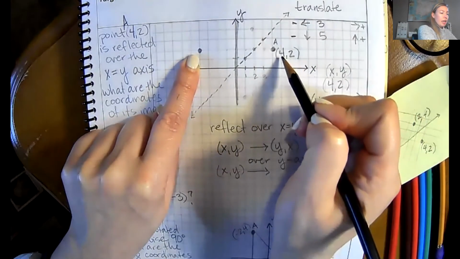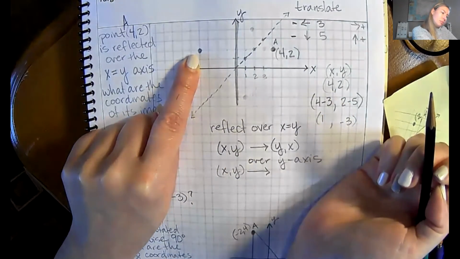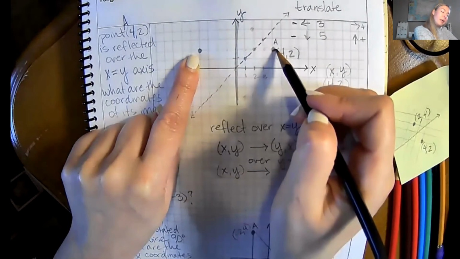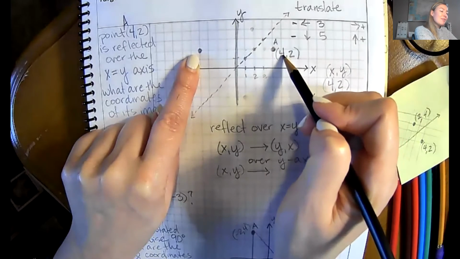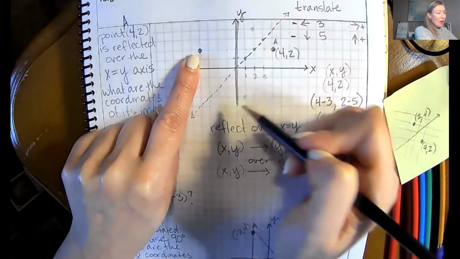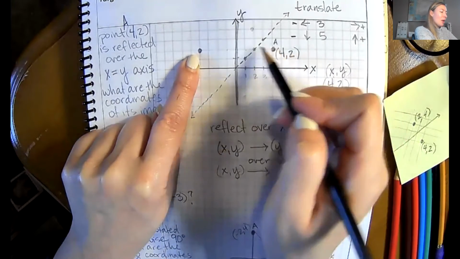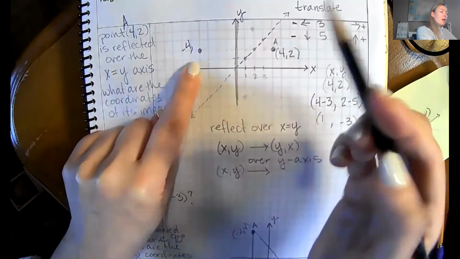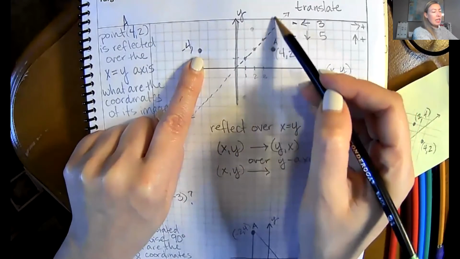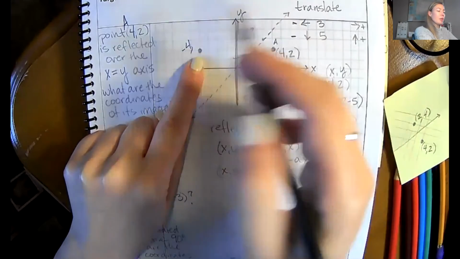So my x, or my bad. I was saying x and y. They're actually swapped. All right. My x value was 4, not my y value. My x value was 4. And when I went over to the other side, my x value became -4. My y values are the ones that never changed. I never went up or down.